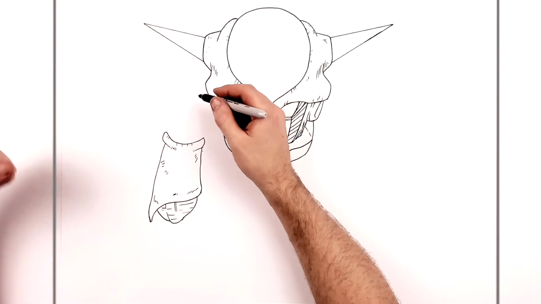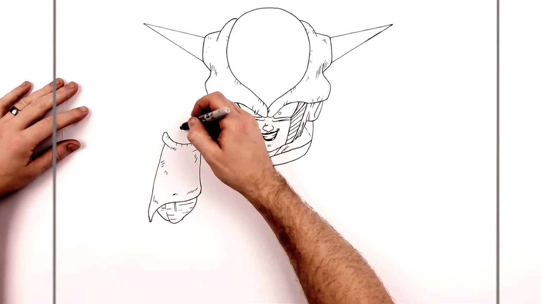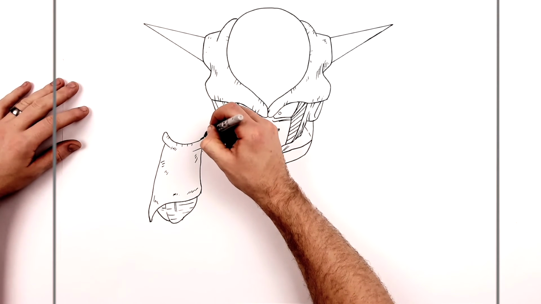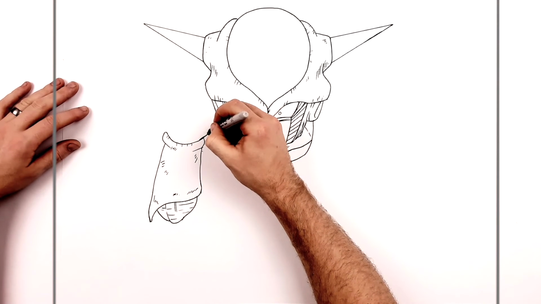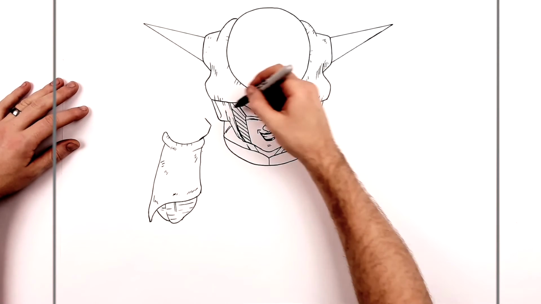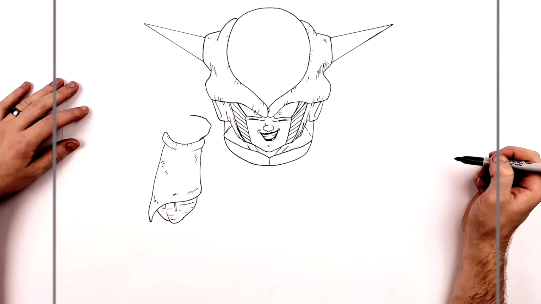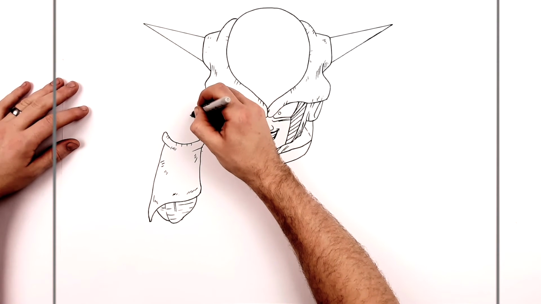So I guess it's easiest to do the thumb first. So it comes out here, change direction that way. Change your direction again, go into here. And then he's got quick pointy tops to his fingers.